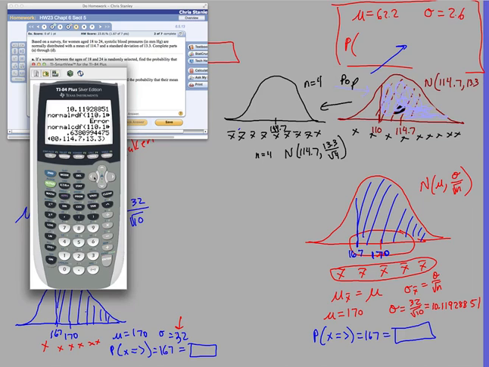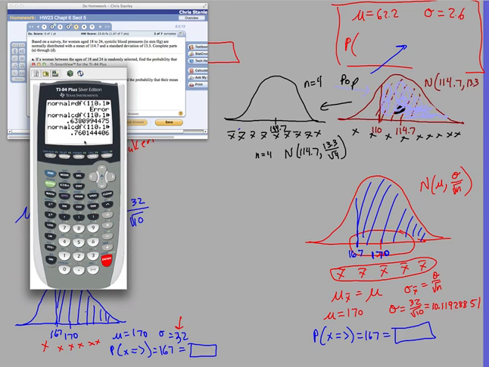The only thing that's going to change is this guy, and what I'm going to do is put a parenthesis around this and divide by 2, close parenthesis.